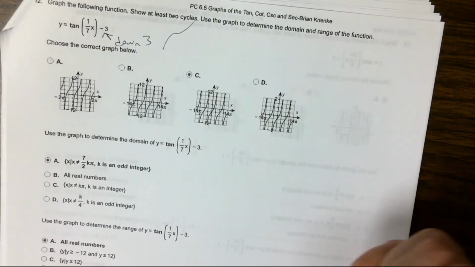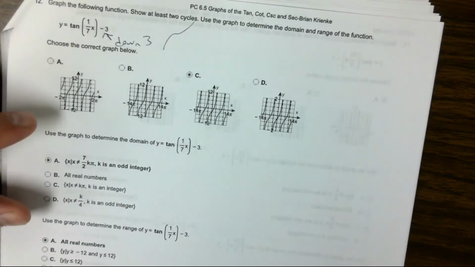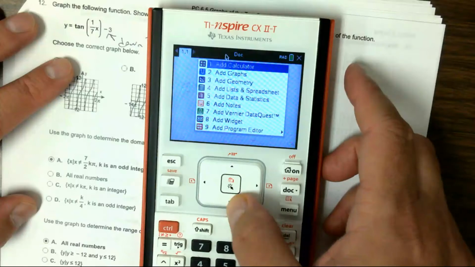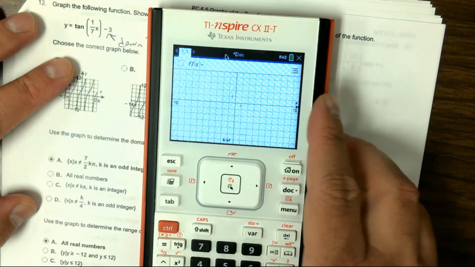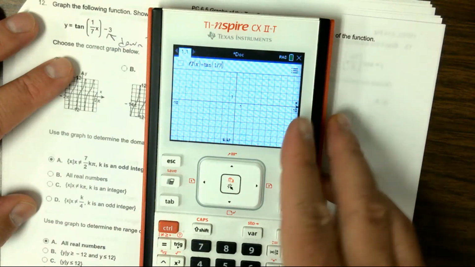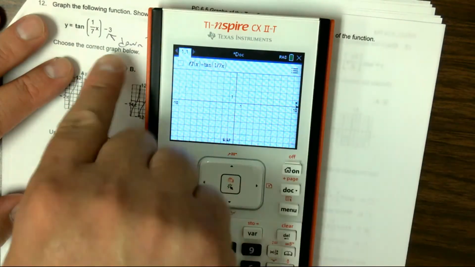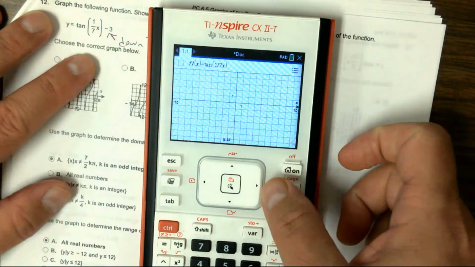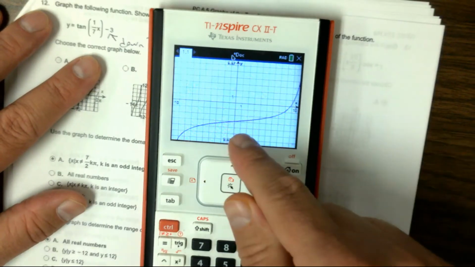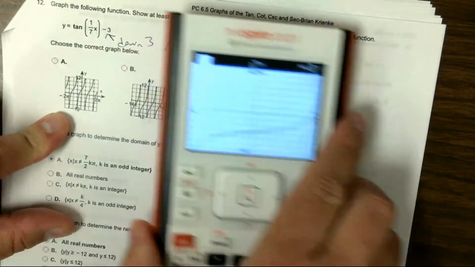But again, you can just graph it and see. Since it is a vertical shift down, you put the -3 outside your parentheses. So there it is.